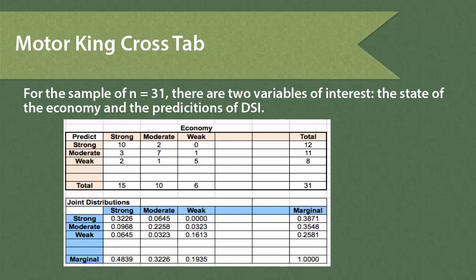So this simple crosstab can be created, and from this we can determine very easily the probability that DSI either predicts strong, moderate, or weak. And that's the first chance node on our decision tree with DSI.